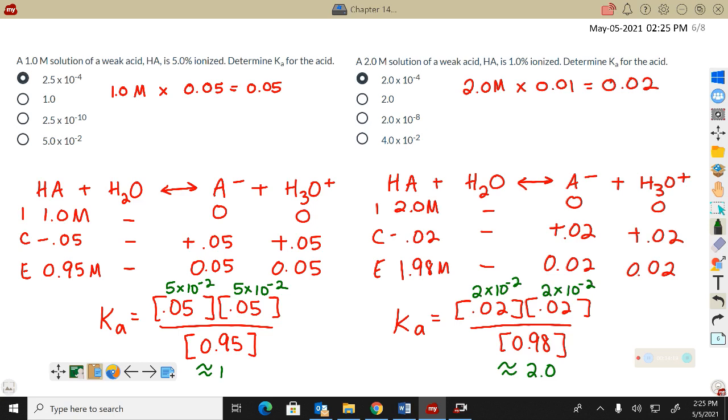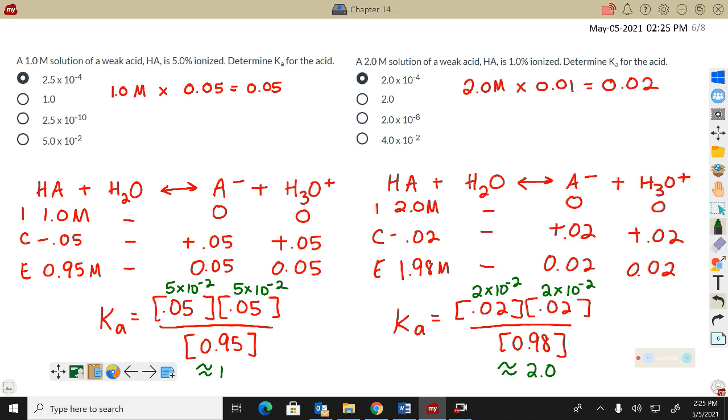With a calculator, obviously I would say 0.05 times 0.05 divided by 0.95. But without a calculator, I just assumed it was about 1. So I had 5 times 5, which is 25, times 10 to the negative fourth, or 2.5 times 10 to the negative fourth, divided by approximately 1.